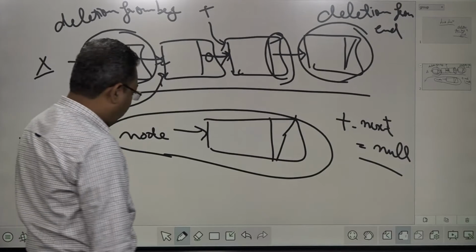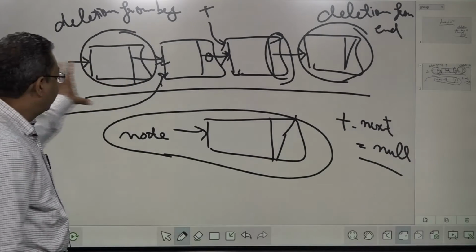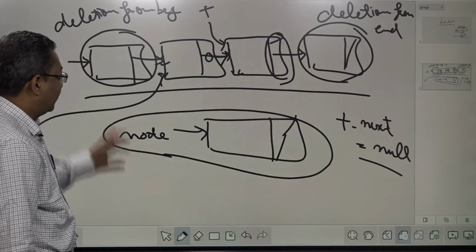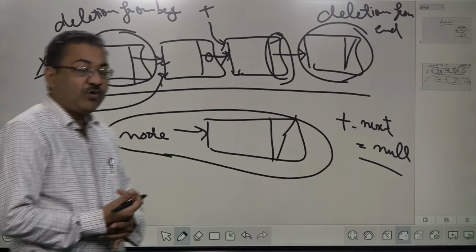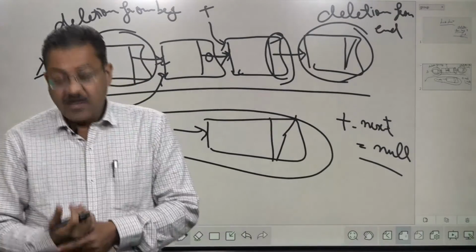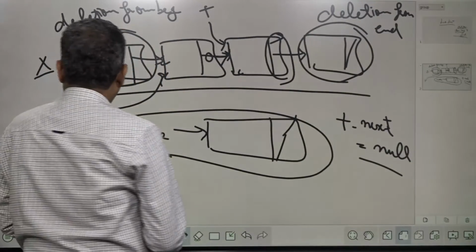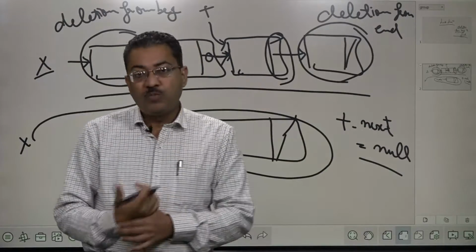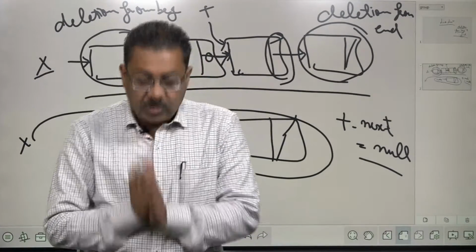So deletion from beginning is very easy. Just change the base and remove and return that. The reason being, we are going for a function for this, and we are using the concept of OOPs as well. So there is a concept of invoking object.